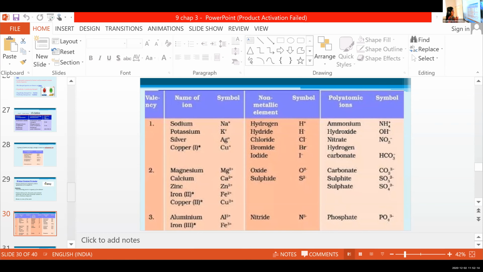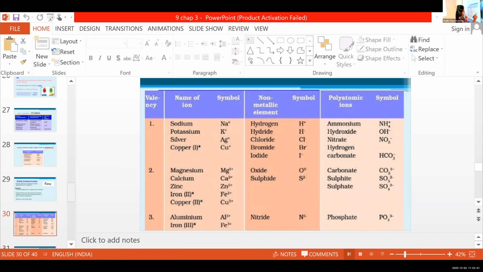Then we are considering the elements with valency 2. In the case of metals, it is magnesium, Mg2 plus; calcium, Ca2 plus; zinc, Zn2 plus; iron, Fe2 plus; copper, Cu2 plus. In the case of non-metals, oxide, O2 minus, and sulfide, S2 minus.